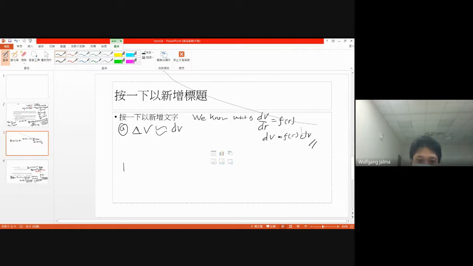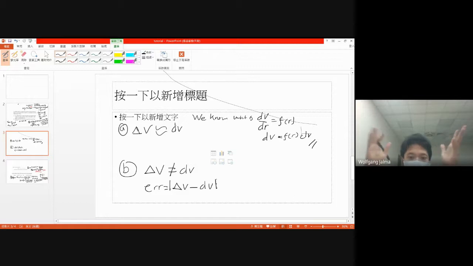But the B part is not so nice. Basically, delta V can be approached by dV, but obviously, for most cases, delta V is not the same as dV. So we have an error, which is the absolute value of delta V minus dV, because we don't care which one is bigger, error is error.